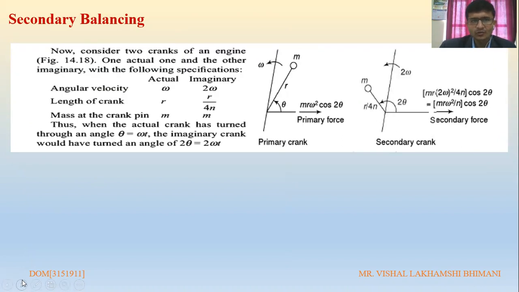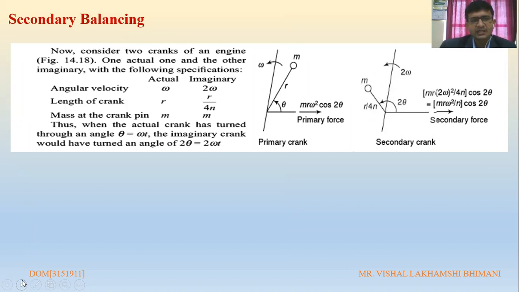Now consider the two cranks of an engine as shown in this diagram, one actual and the other imaginary, with the following specifications. The angular velocity of the actual crank is omega, and of the imaginary crank is 2 omega. The length of the crank is r, and in the imaginary crank r by 4n. The mass at the crank pin is m in the actual and m in the imaginary.